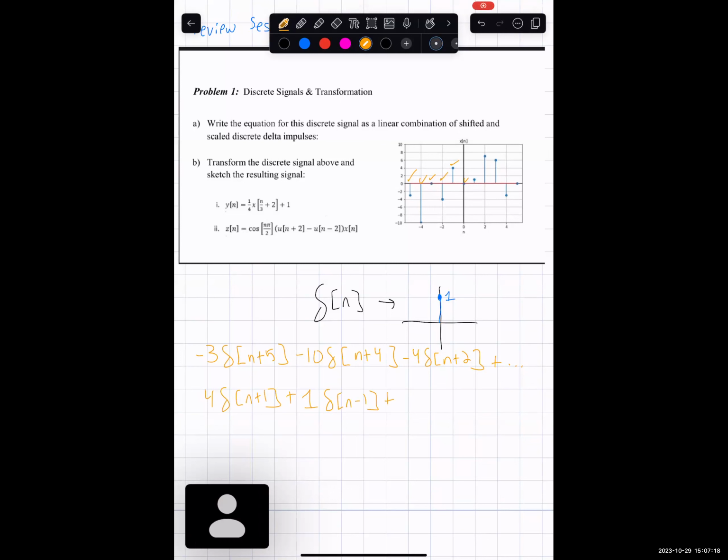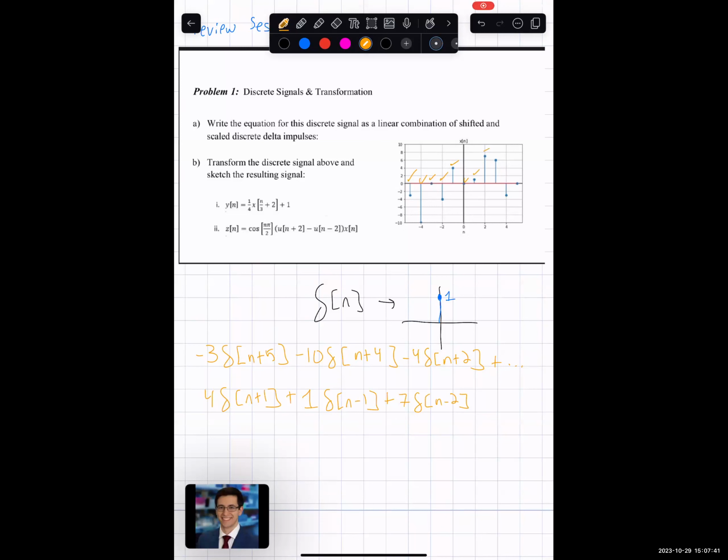Would the next one be +7? Okay, so would it be +7 times delta n minus 2? Yes, beautiful. Let's have 2 people do the next 2 as well. So now we've just done this one and this one.